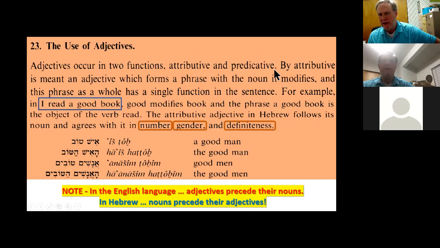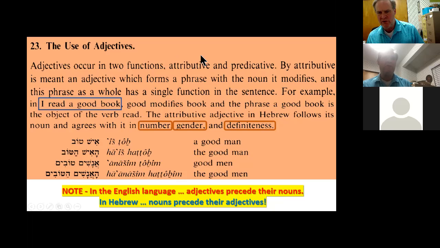On the other hand, in English, every sentence should have a subject and a predicate, and the predicate generally has a verb in it. In Hebrew, some sentences don't even have a verb in it, so I can't quite say it that way. So for example, if you're saying this is a good man versus the man is good, that's predicative. It has a verb, the man is good, that's predicative. We'll talk more about that in a minute.